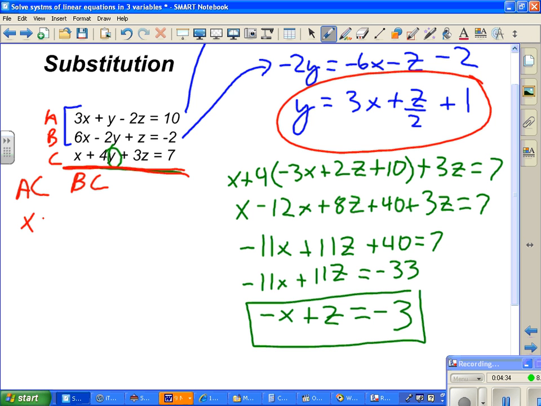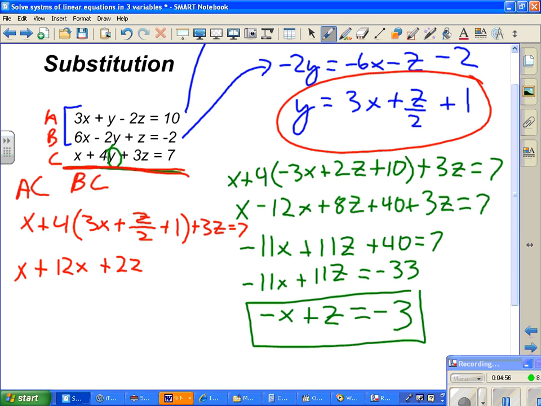So I have x plus 4 times 3x plus z over 2 plus 1, plus 3z equals 7. Let's keep solving. I have to distribute: 12x plus 2z, since 4 times 1/2 is 2, plus 4, plus 3z equals 7.